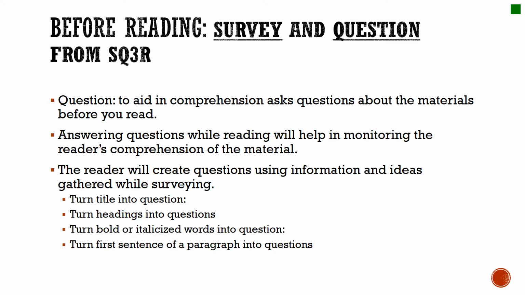This means that you turn your title into a question, you turn any headings or subheadings into questions, you turn bold or italicized words into questions, and you turn the first sentence of each paragraph into a question. When we create questions, we use the 5 W's: who, what, when, where, why, and the H, how.